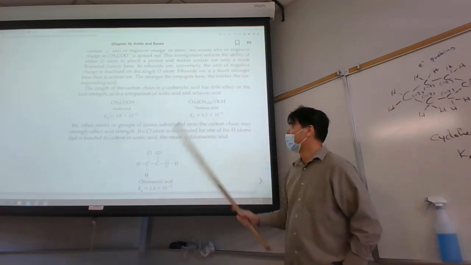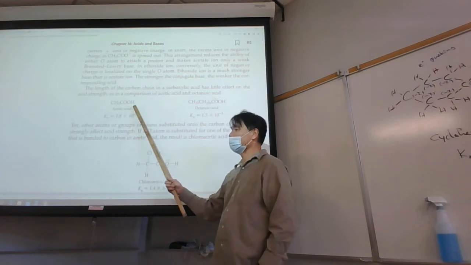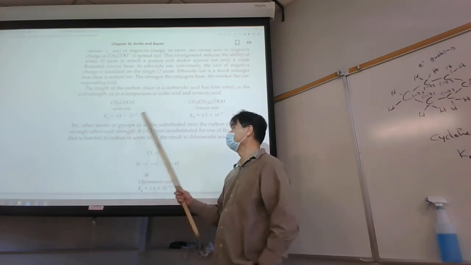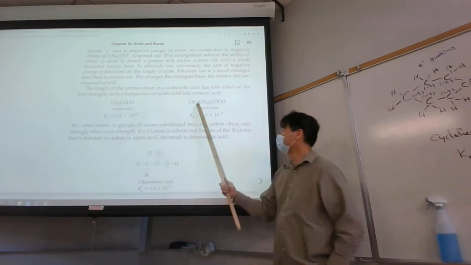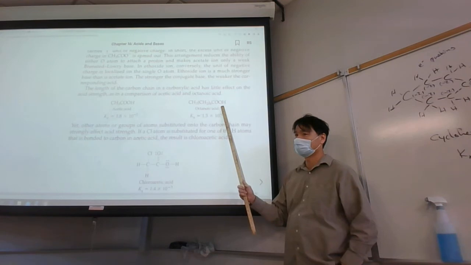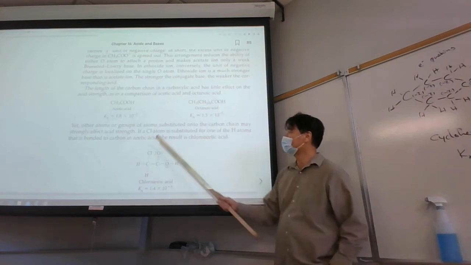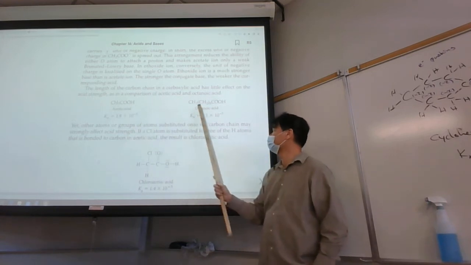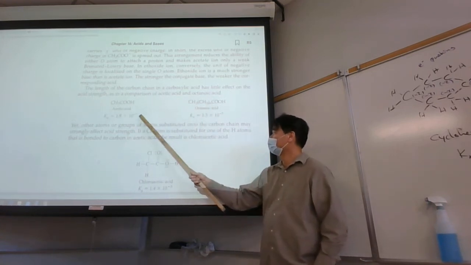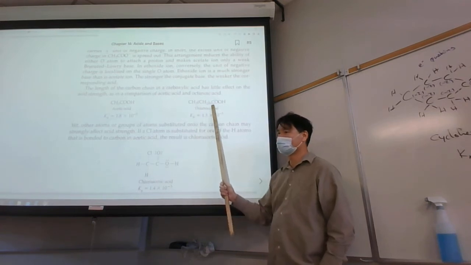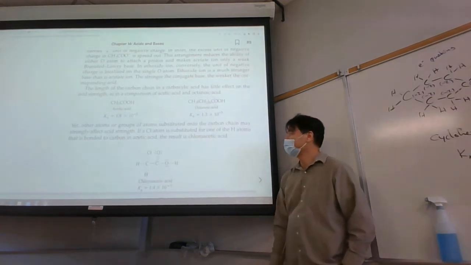Electron pusher. But for acids, do we want electron density pushed onto it, or do we want electron density withdrawn? We want it withdrawn. And so the better it is as an electron pusher, the more it weakens acidity. And that's what we see here. Octanoic acid is weaker because there's more electron pushing going on. But is it significant?